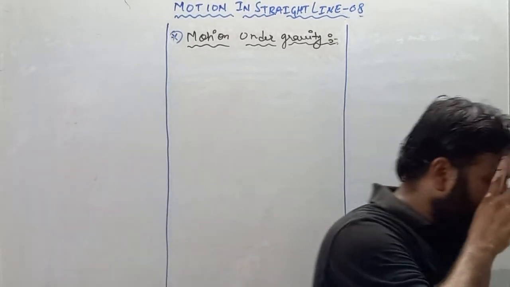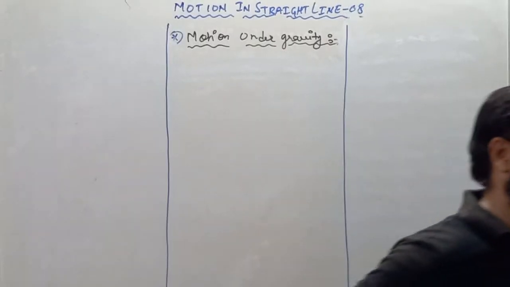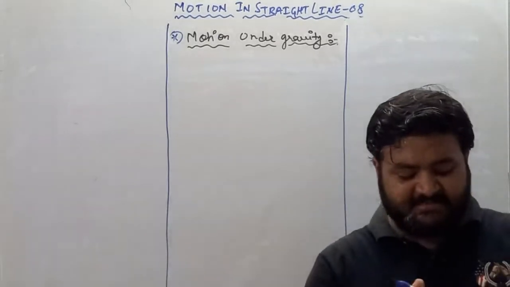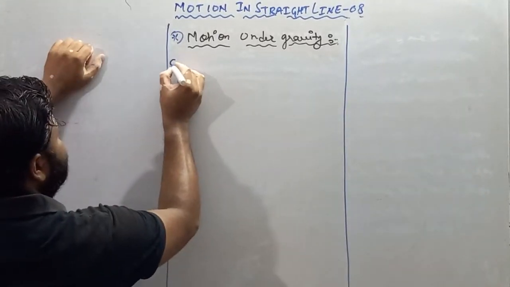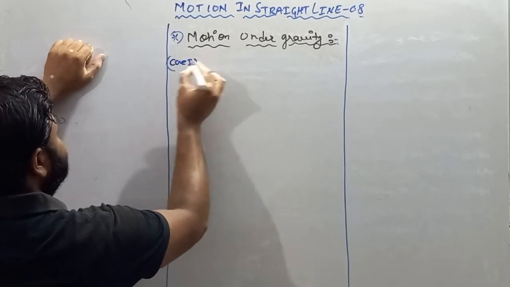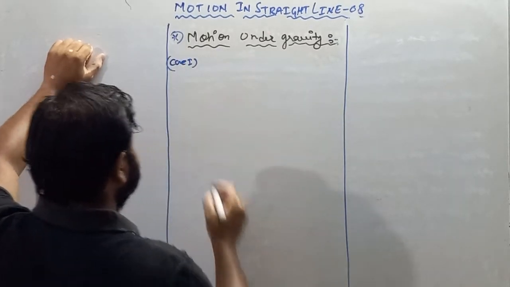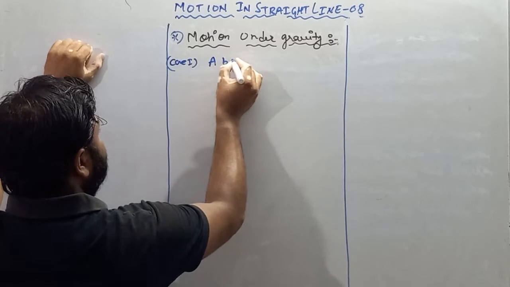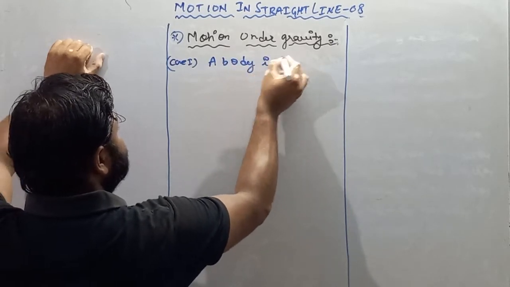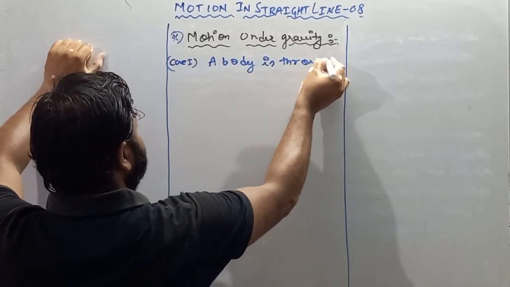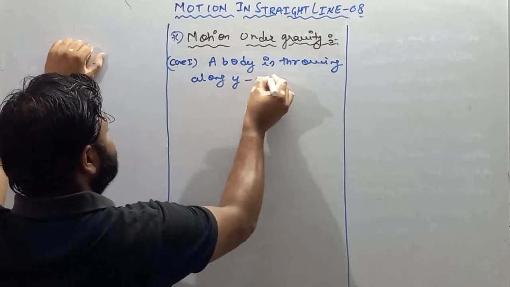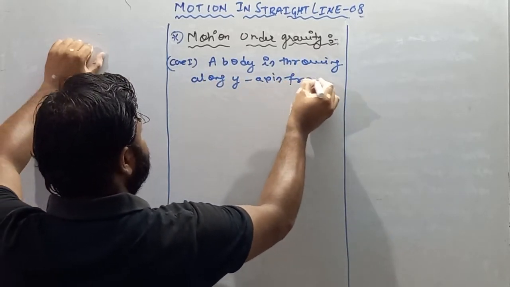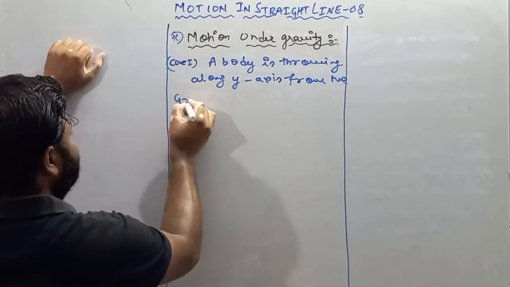Now we'll discuss different cases of motion under gravity. So write down the very first case. Case first under motion under gravity is: a body is thrown along the y-axis from the ground.